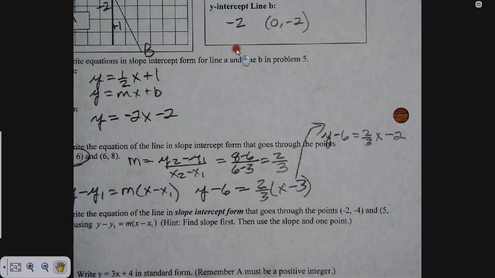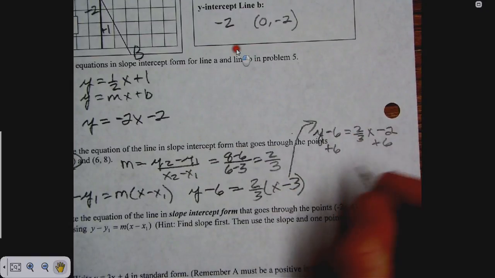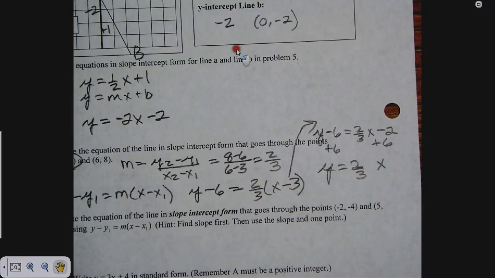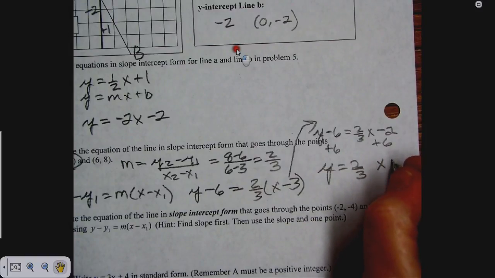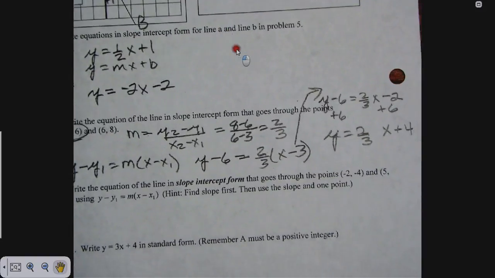So I'm going to add 6 to both sides, and I get y equals 2/3 x plus 4. Okay, next one.